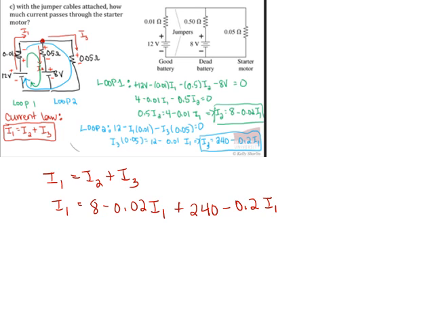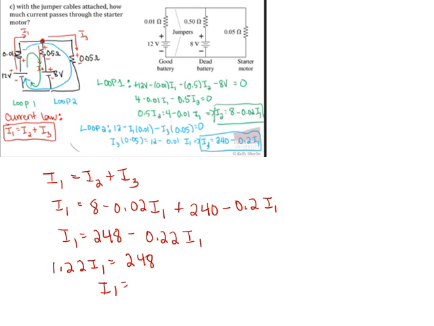We're trying to find the current through the starter motor. We're trying to find ultimately I3. So that's what we're after here. So let's have a look at our algebra. I1 is equal to 248 minus 0.22 I1. So then 1.22 I1 equals 248.